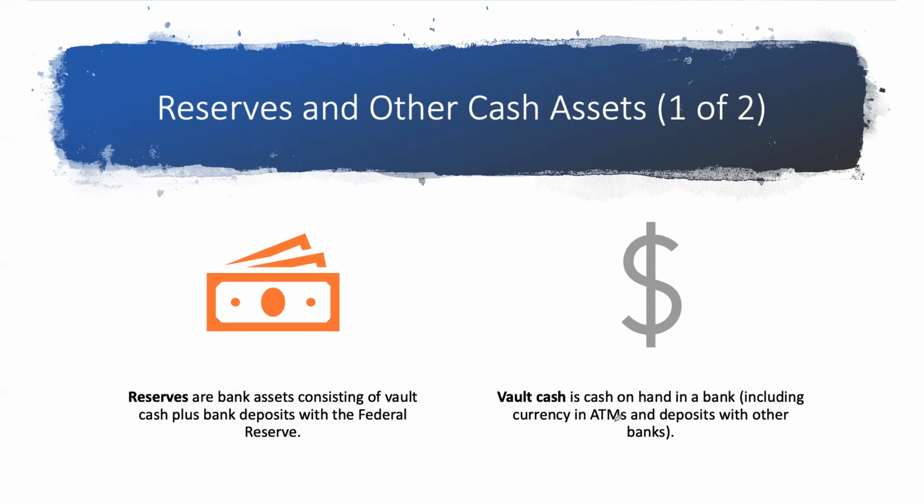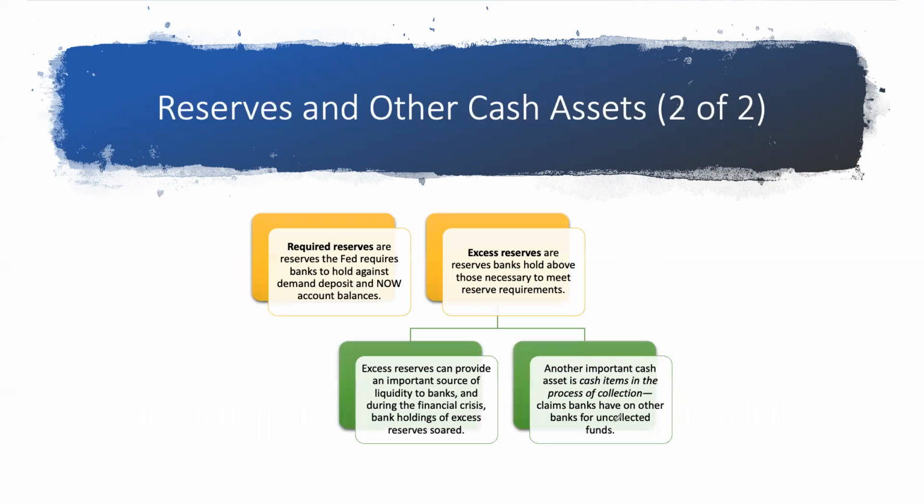A bank like JP Morgan will have an account open with the Federal Reserve as well, so it can keep some of its money at the Federal Reserve to meet its reserve requirements and other obligations and so forth. Vault cash is basically cash which is on hand, sitting in the vault, but also any cash sitting in the ATM machines the bank operates. There's liquid cash. So that's one bank asset.